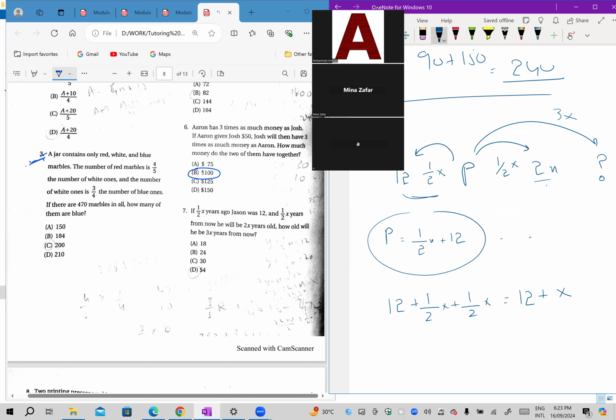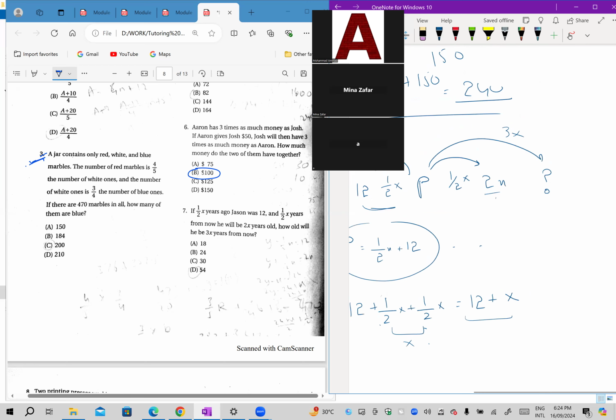New expression बन गया हमारे पास. Now, why is it equal to 12 plus x? क्योंकि इसको सॉल्व कर दिया ना, half x plus half x 1x बन गया, वो 12 plus x बन गया, simple.